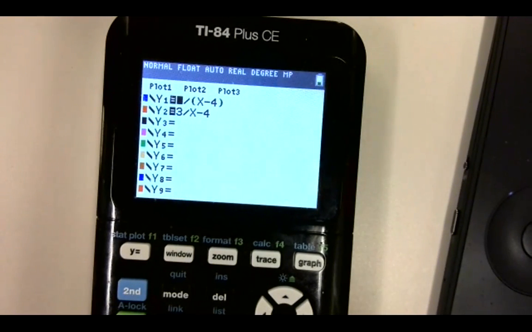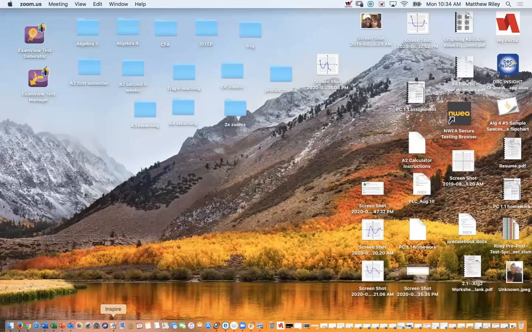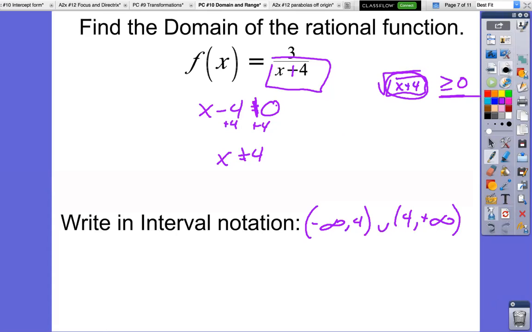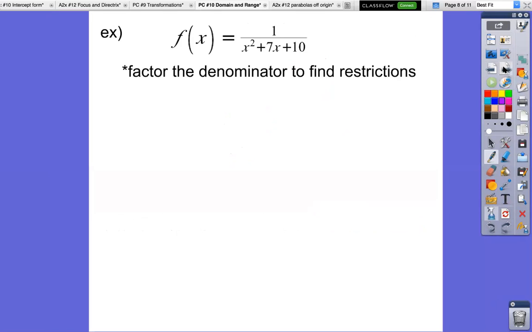So let's go back. Oh man, I didn't tell you you'd have to do math in here. So what do you think you do? I know I said it, factor to find the restrictions. How do you do this?